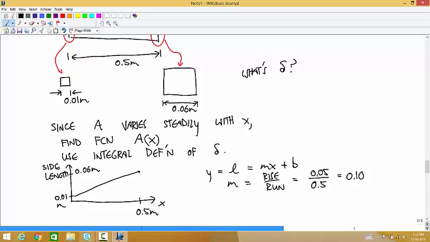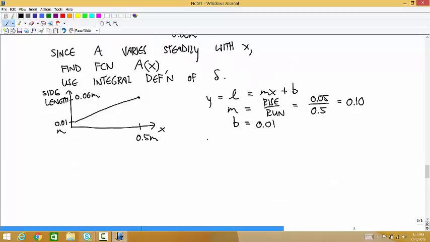And then we need the y-intercept. 0.01. Yep, 0.01. And so this function, the length of the side as a function of x, is equal to 0.1x plus 0.01.